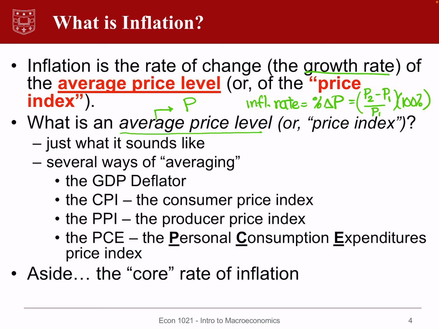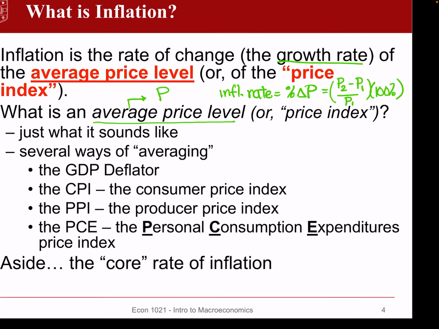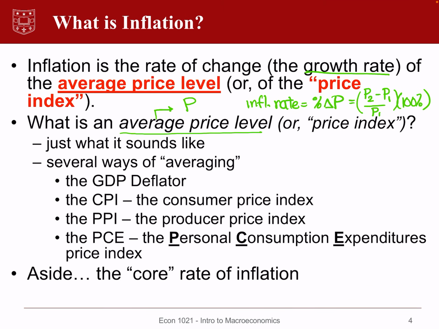Another measure that you may have heard about is the consumer price index. So we'll talk about that subsequently. And then there are some additional measures of price indices. Regardless of which one of these we're using, the way in which we measure the inflation rate is as we have right here.